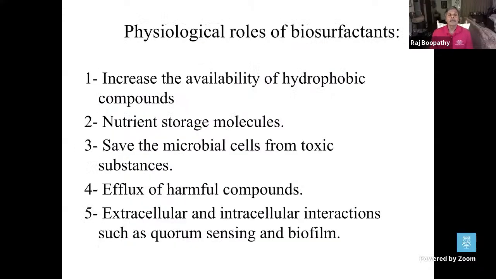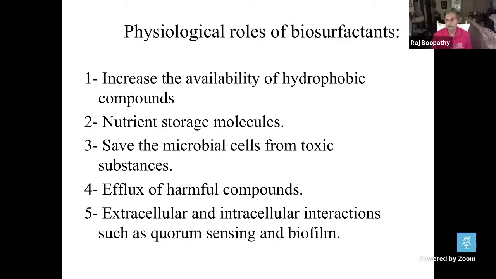All right. So the role of biosurfactant is, again, to increase the bioavailability of the compounds that are hydrophobic, and also nutrient storage of molecules, and save microbial cells from toxic substances. It protects the microbes, and efflux of harmful compounds.